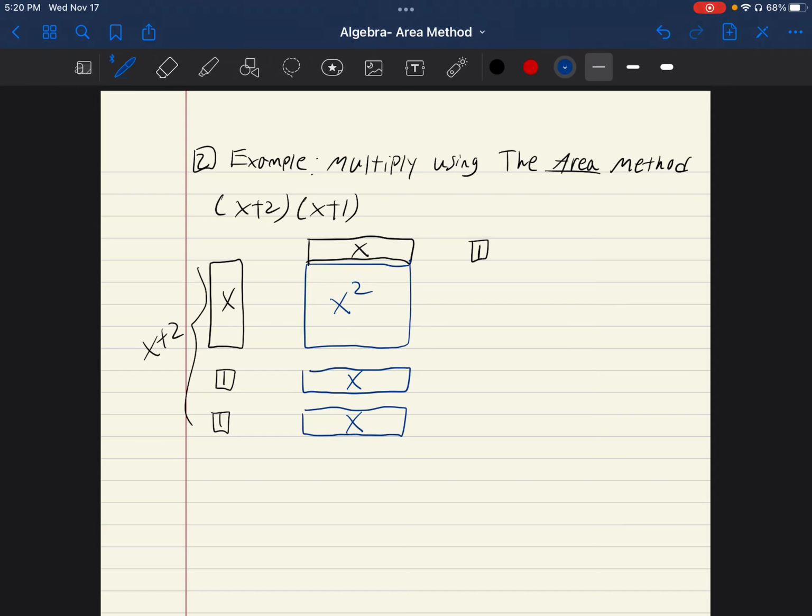For the very last part, 1 times x will give us an x block, and then 1 times 1 will give us a single block, which is just 1.